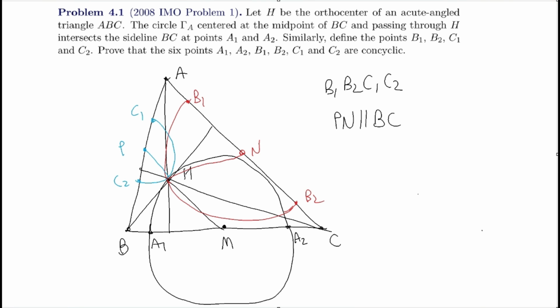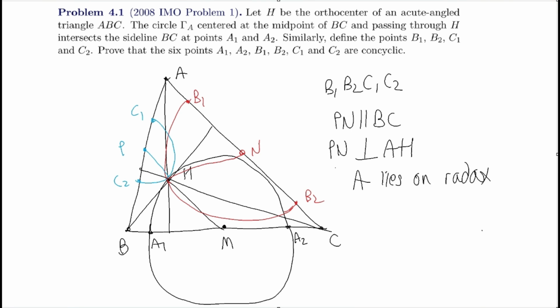And from PN parallel to BC, we see that PN is perpendicular to AH. But because H lies on the radical axis of these two circles, the red one and the blue one, this means that A lies on the radical axis.